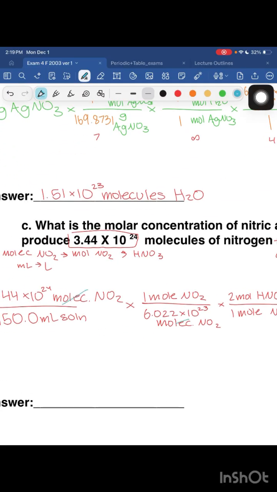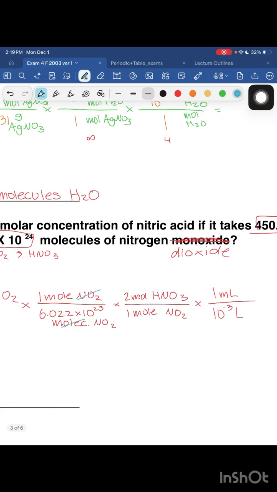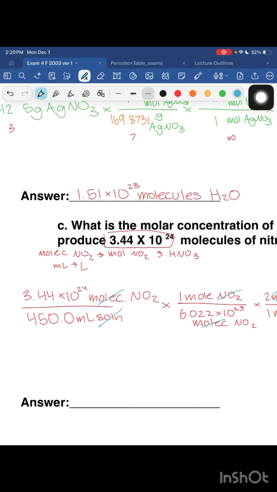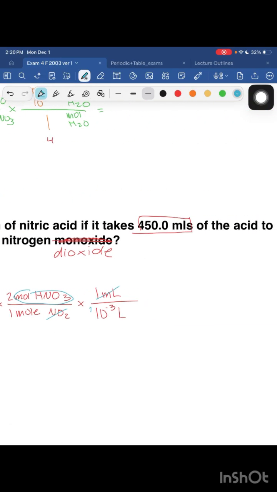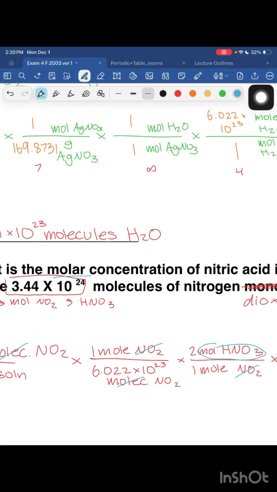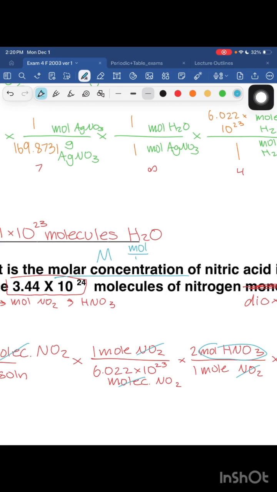Canceled out molecules here. Nitrate got canceled here. This is where I want it to be. And then milliliters canceled here. This is where I want it to be. Because if you remember, molar concentration is molarity. That's big M. That's moles over liters.